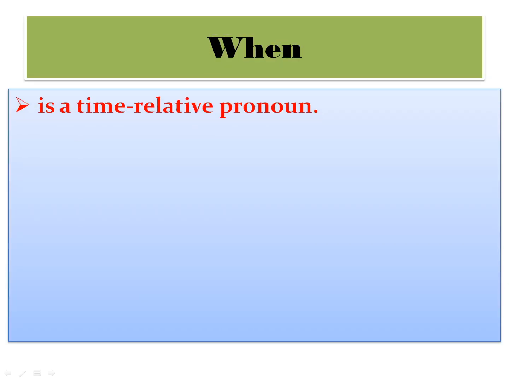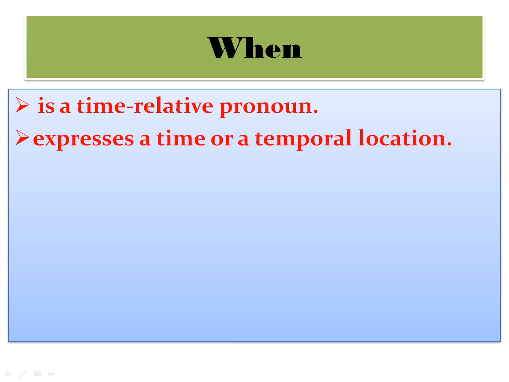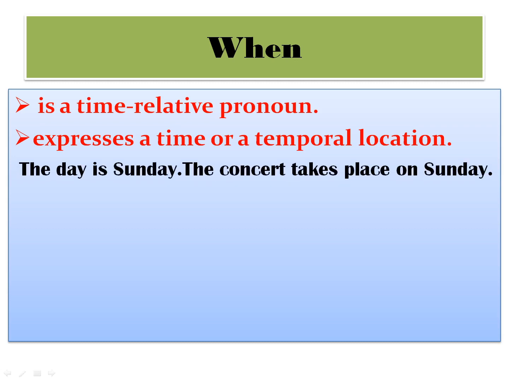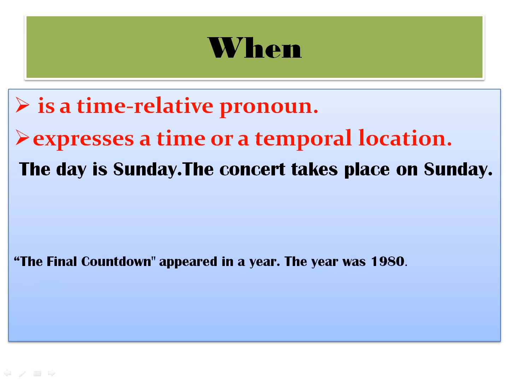When. Now, when is a time relative pronoun. It expresses a time or a temporal location. Okay, let's look at the example. The day is Sunday. The concert takes place on Sunday. Next one: the final countdown appeared in a year. The year was 1980. Let's look at the first example.